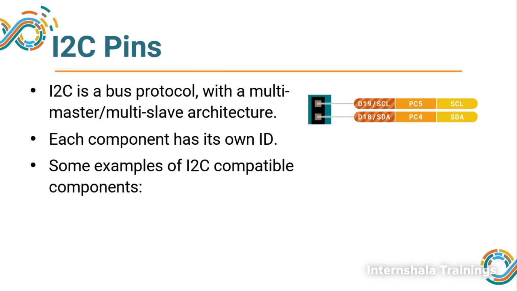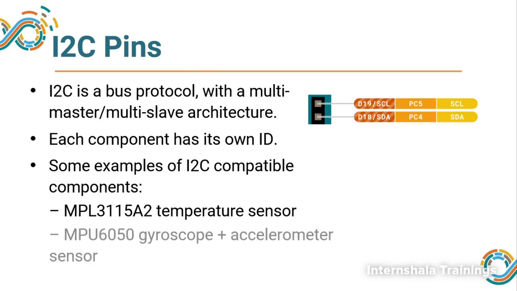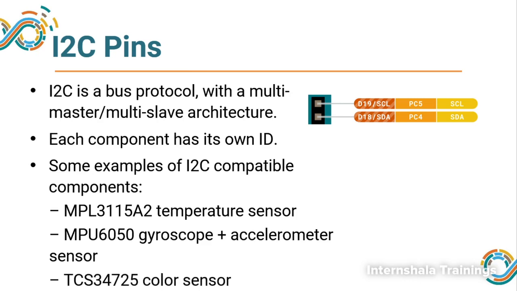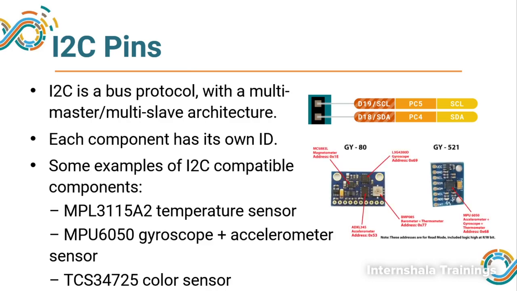Some components that are compatible with the I2C protocol are the MPL3115A2 temperature sensor, MPU6050 gyroscope and accelerometer sensor, and TCS34725 color sensor. As you can see, these are sensors that we can attach through the I2C protocol, and we can control them using our Arduino board. They will act like slaves and Arduino will act like the master.